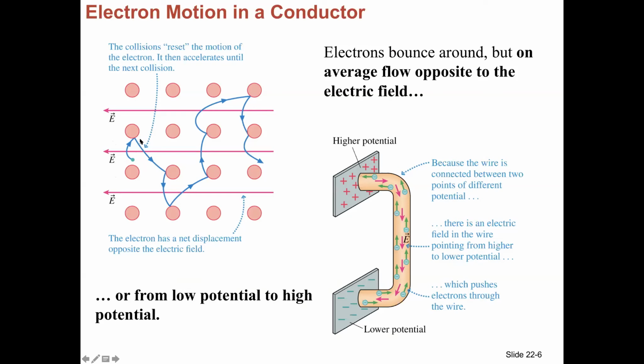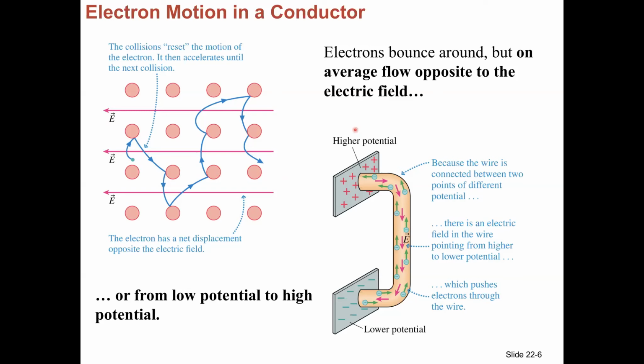Overall, the net effect is that the free electrons move opposite the electric field. So here you can see this electron bounces, moves up and down, but overall it moves to the right, opposite the electric field, or equivalently from low potential to high potential.